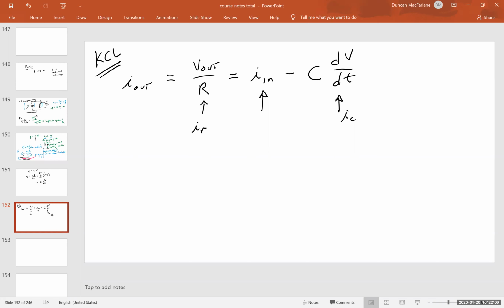So if I can rewrite this: dV/dt plus 1 over RC times V. So I'm dividing through by capacitance, and collecting the terms.